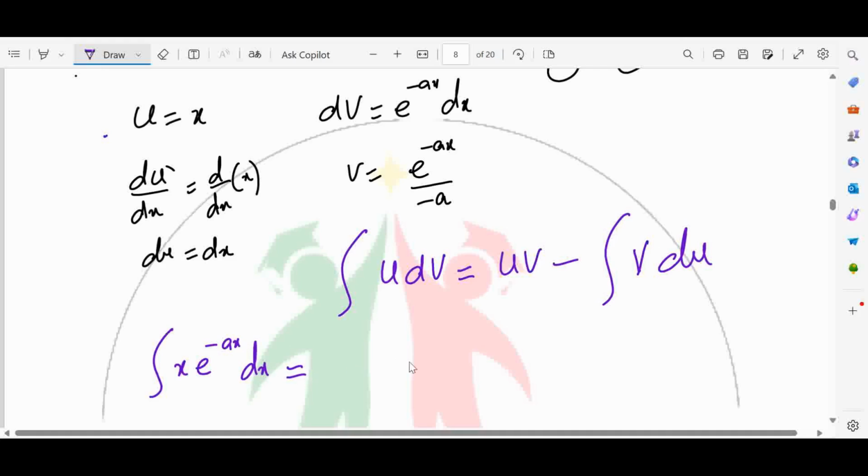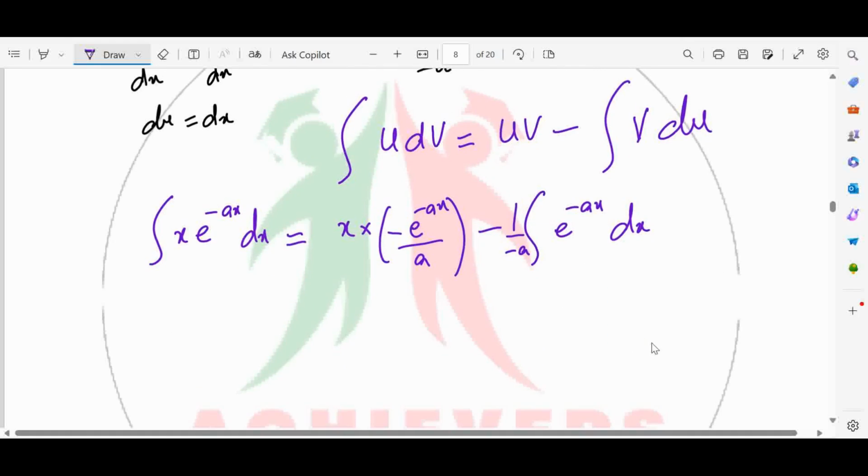So this will be u is x, v is minus e power minus ax divided by a, minus integral of v du. Minus a is a constant, so I can put it outside, then e power minus ax, and du is basically dx.